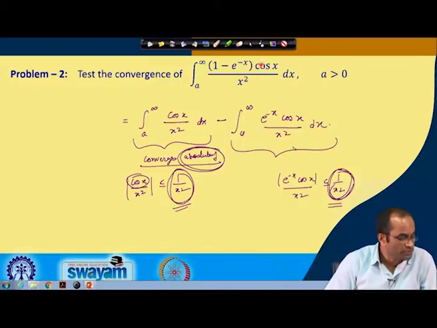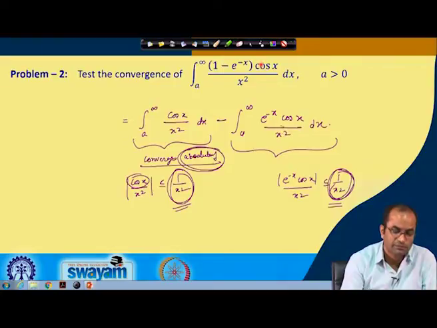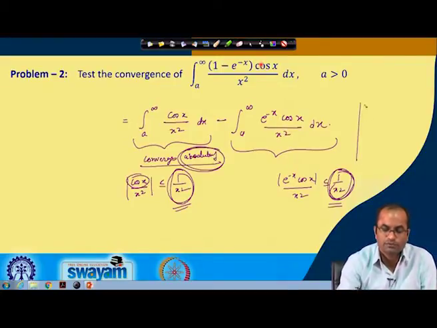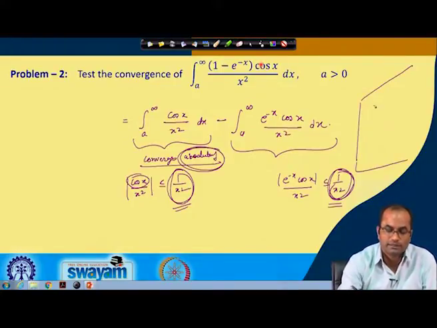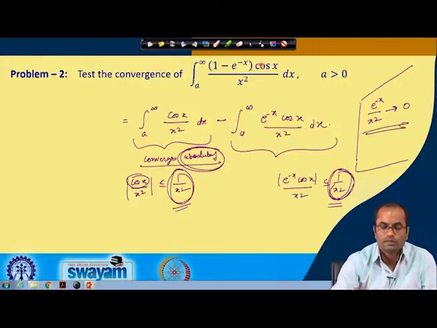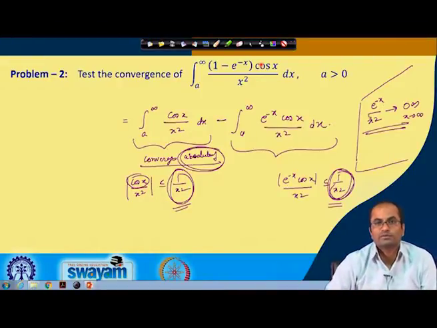We can also use the Dirichlet test here, if we take e power minus x over x square. This function approaches 0 as x approaches infinity, and it is a monotone function: e power minus x is decreasing and 1 over x square is also decreasing.